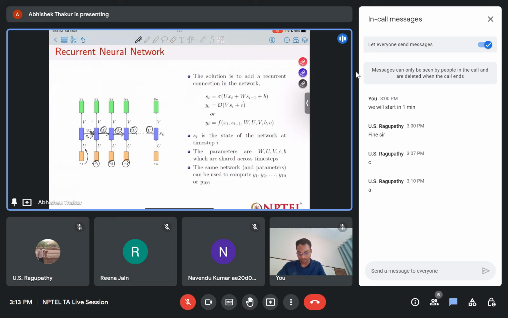So our output function depends on input xi, si minus 1, w, u, v, b, c. So the parameters here are w, u, v, c and b. We have to update those parameters, and that we can do here using BPTT, that is back propagation through time. That you can also study in the week 11 lecture.